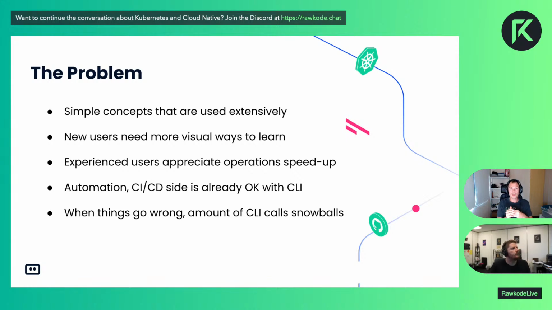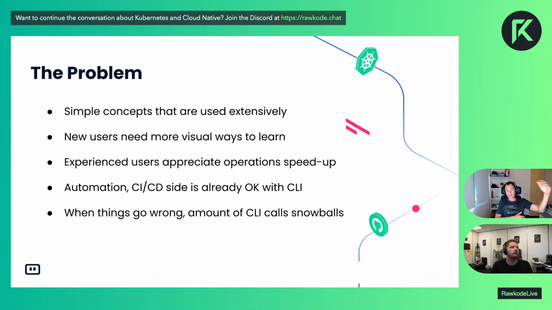But we all know that when things are wrong and you need to do investigation through CLI, this is when the amount of your CLI calls snowballs. And it's okay if your CLI results in a couple of lines of response. But in case of Helm, you have long manifests of Kubernetes objects produced as a result of these commands.